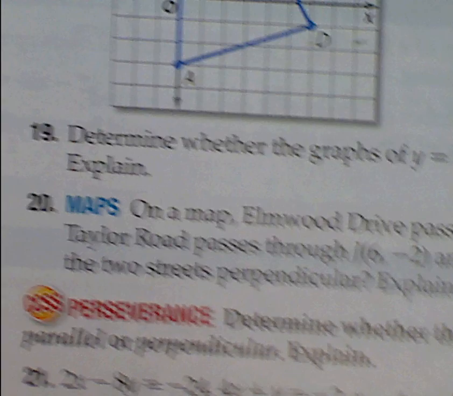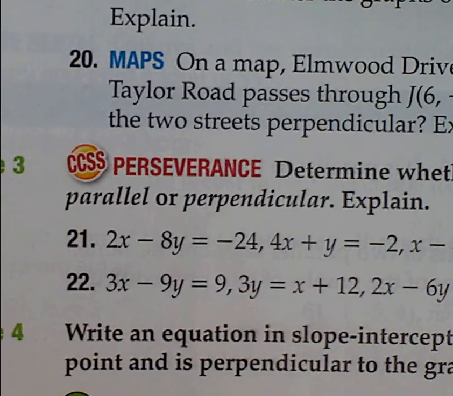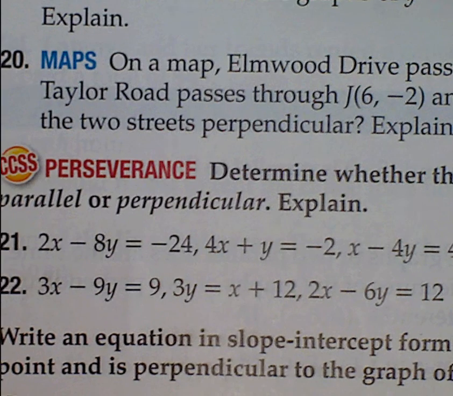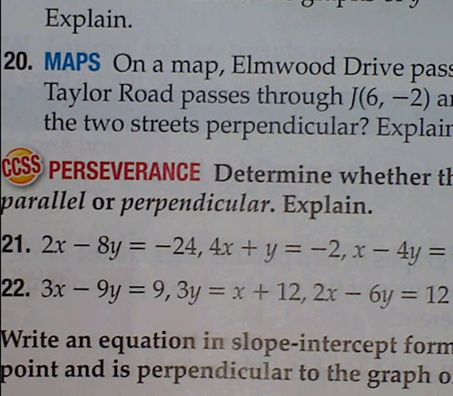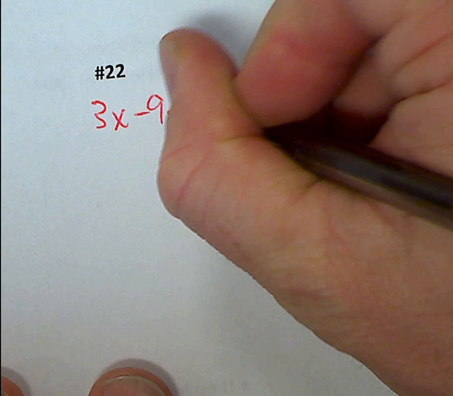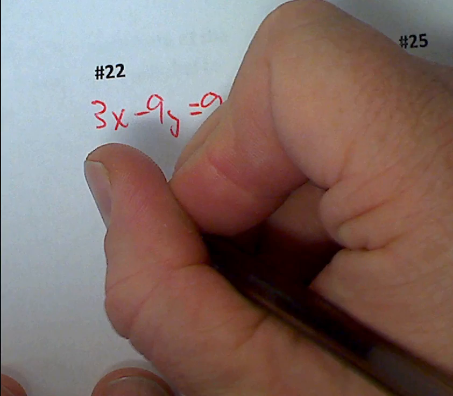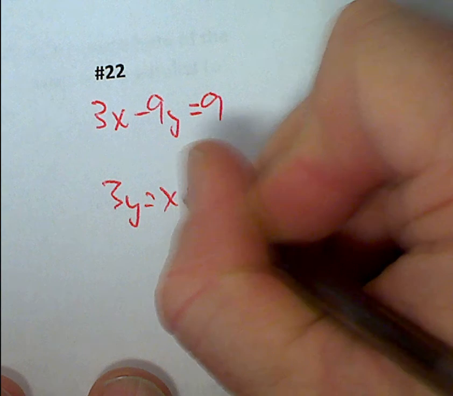Number 22, here's number 22. On number 22, we must determine which ones are parallel and which ones are perpendicular. So I have 3x minus 9y equals 9, that's one of my lines. 3y equals x plus 12.